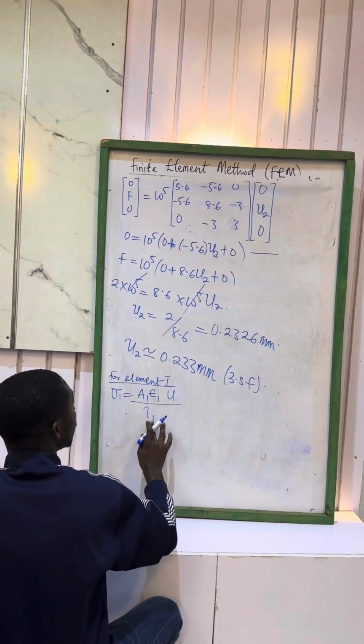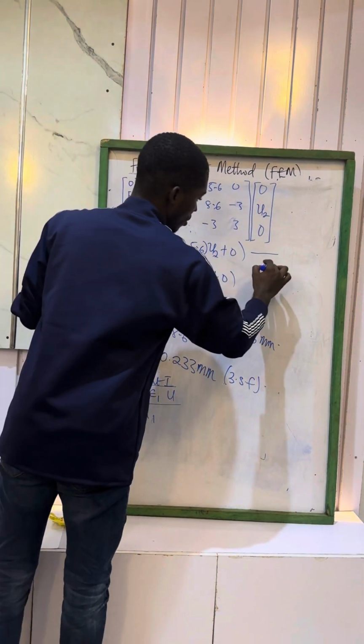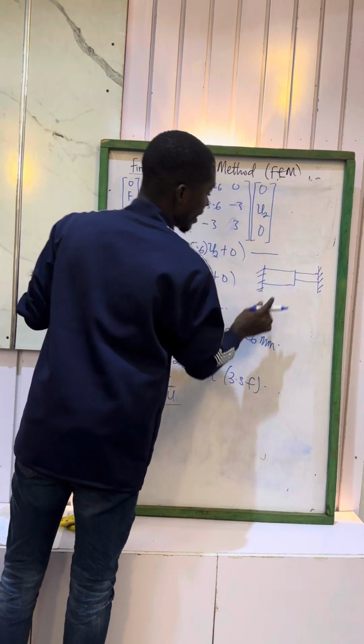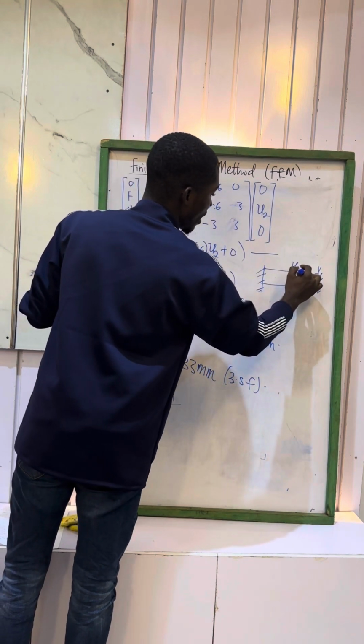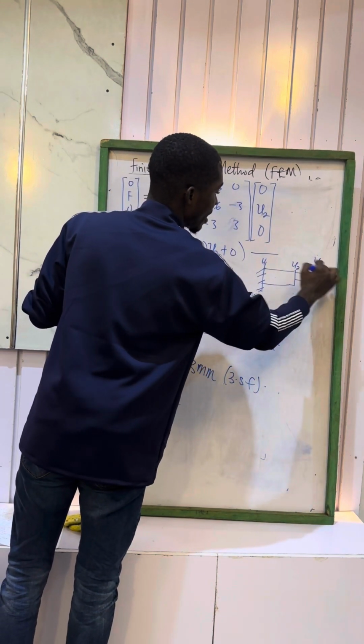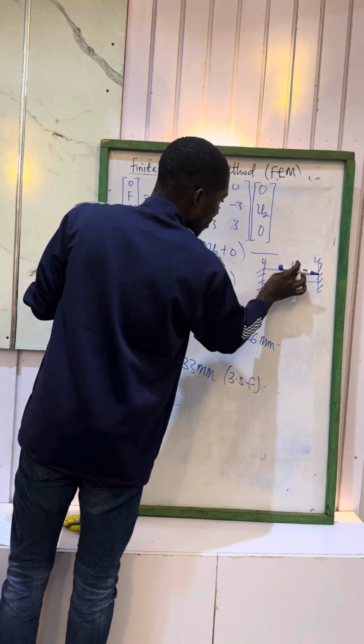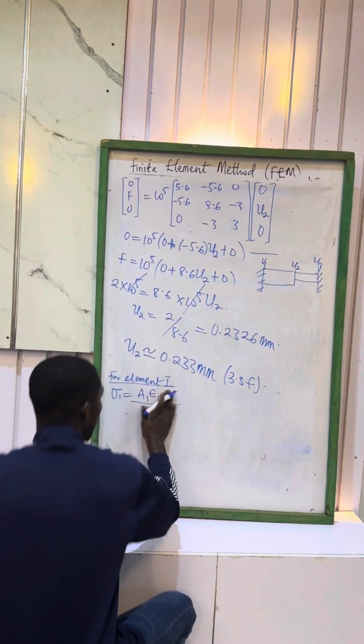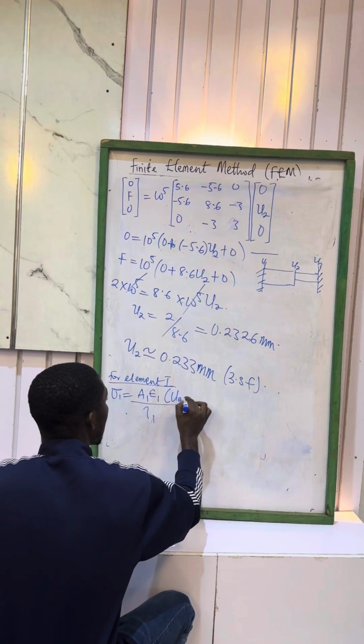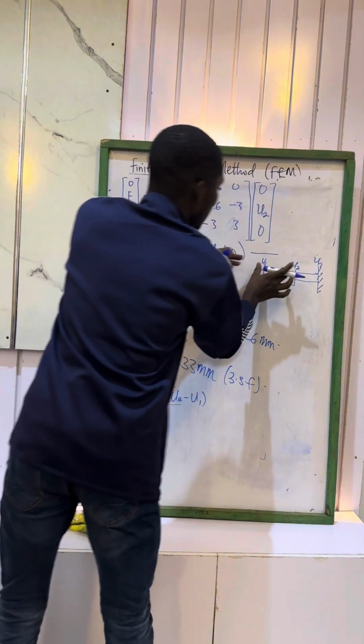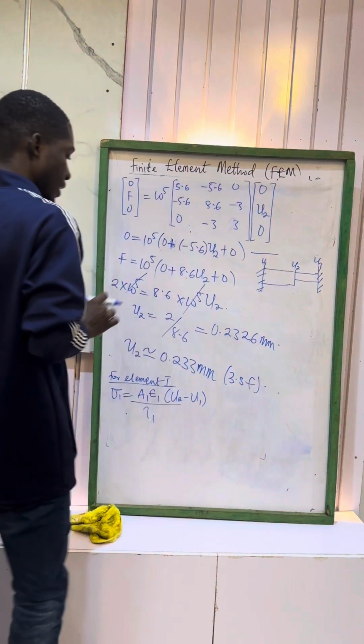Then how do you get the U? That is the extension in the body. In this body, there's U2 here, there is U1 here, there's U3 here. That is the extension here. That will be U2 minus U1. So this will be U2 minus U1. That's going to be the extension at this point.